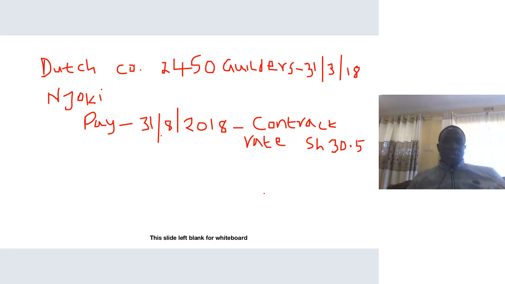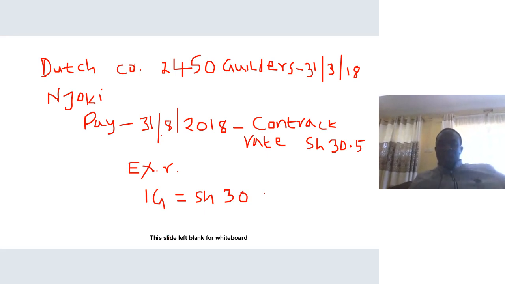Then we are told that the exchange rate on 31st March, so exchange rate, was 1 guilder is equal to 30 shillings. So that is what we have there.